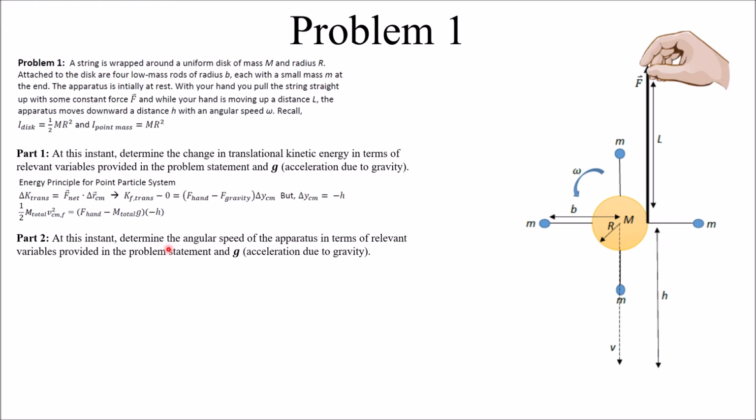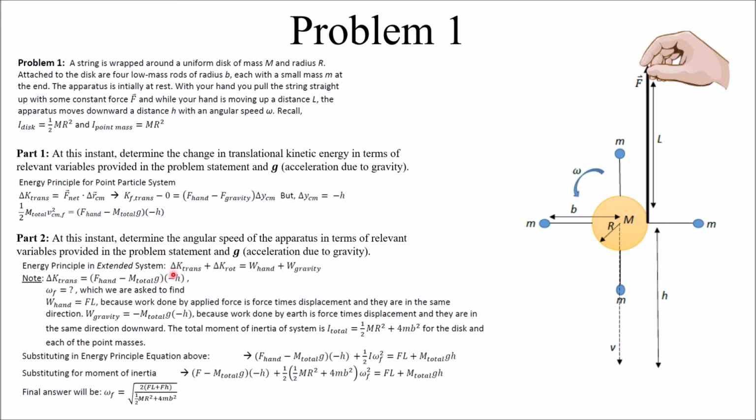Now for part two, let's take this idea of an extended system and use it. And so we have this change in translational kinetic energy, but we also have the rotational as well. And then we're going to look at the work done by the hand plus the work done by gravity. Instead of the net, we're going to look at the total. And so we have from before, from up here, the change in translational kinetic energy expression, and we're trying to find the angular velocity.